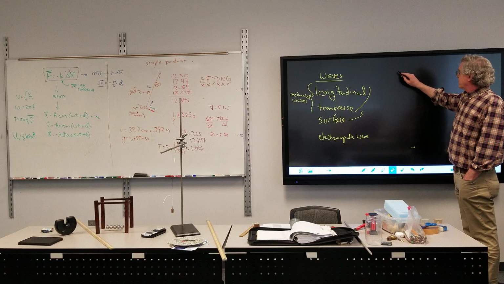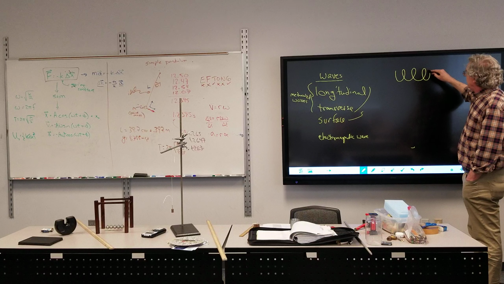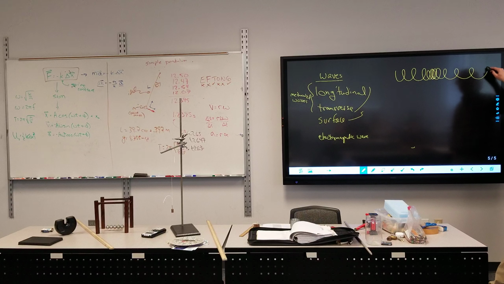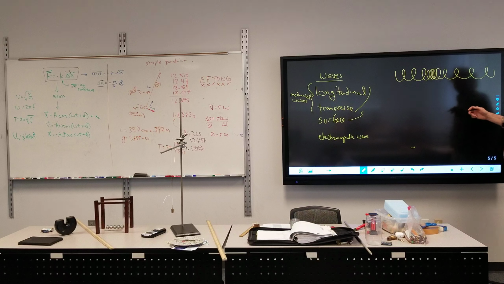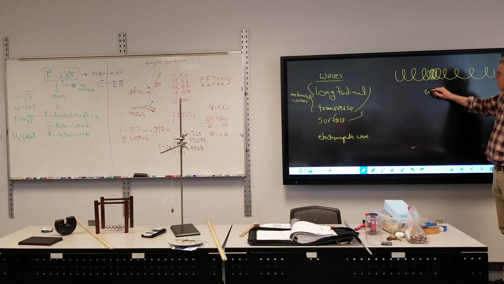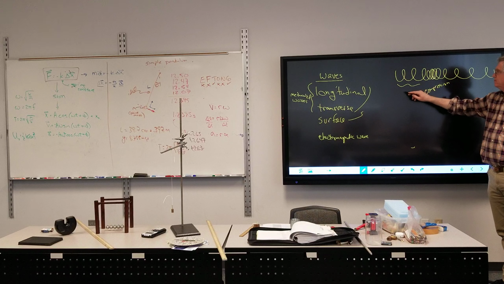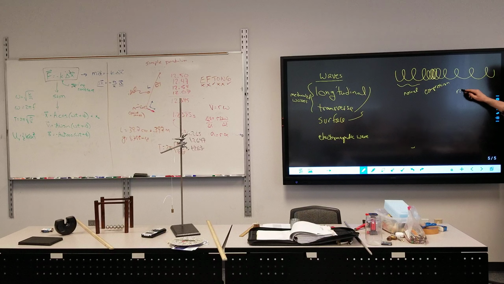If we're talking about coils, you get areas where they're farther apart, areas where they're very close to each other, and then they spread out. So there's a natural distance between them. Coils sort of compress together. This would be compression. Let's assume that this is normal. And this would be rarefaction.